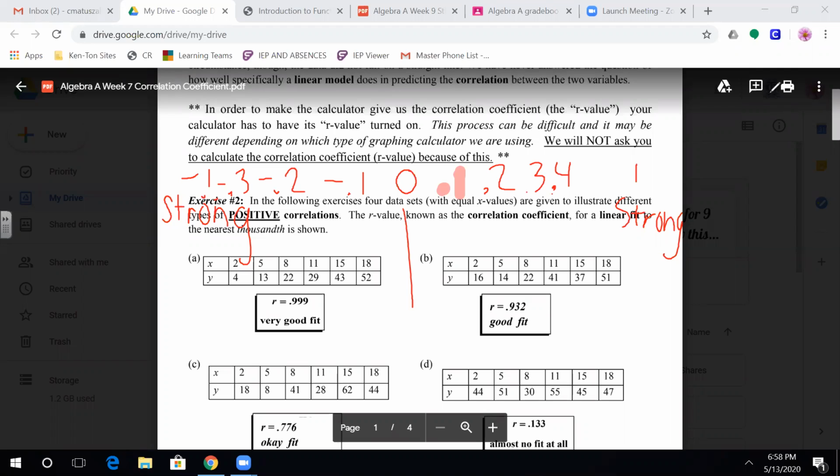When you are at 0, that is no correlation at all. And that just means that between the two variables, so like say here, between the x and the y, there is no correlation.